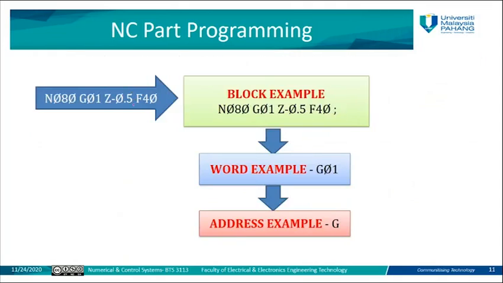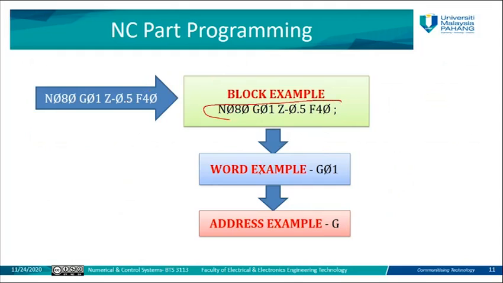So if we have this type of code for an NC machine, for example, N080, G01, Z negative 0.5, F40, if you have such a line of code, we need to define it. The whole line here we call a block.